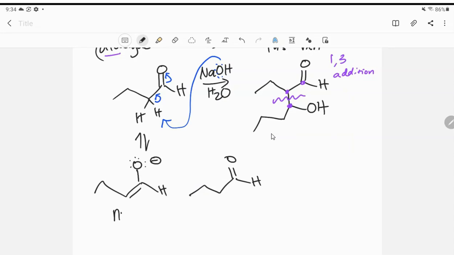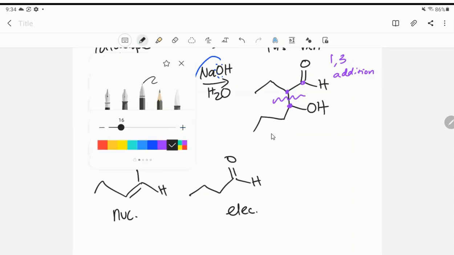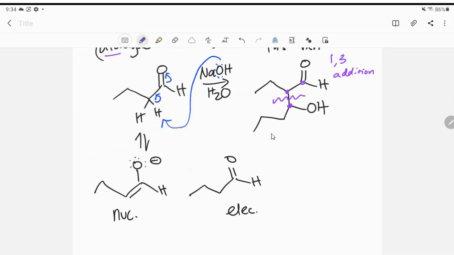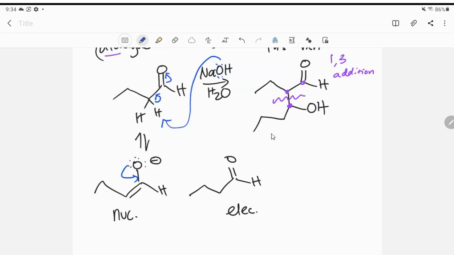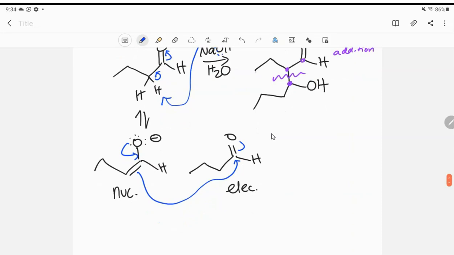This is a good nucleophile. This is a good electrophile. So there's no reason they wouldn't. I'm using blue ones apparently this time, so here we go. I'm going to go ahead and attack our carbonyl carbon.